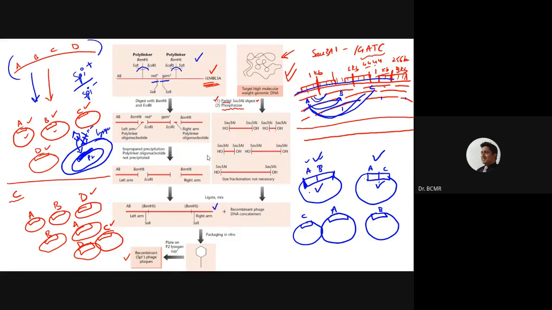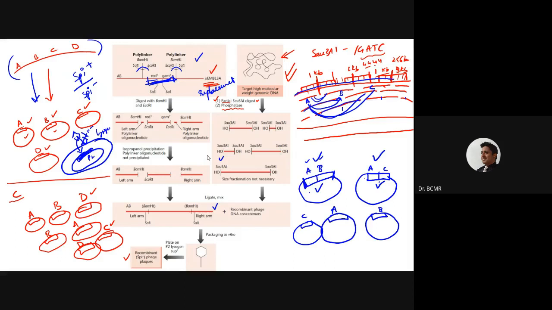Okay, that is about why they included red and gam. You should also remember that lambda EMBL3A is a replacement vector. That means it is about deleting some part of this stuffer region and incorporating the fragment of interest, such as this one.